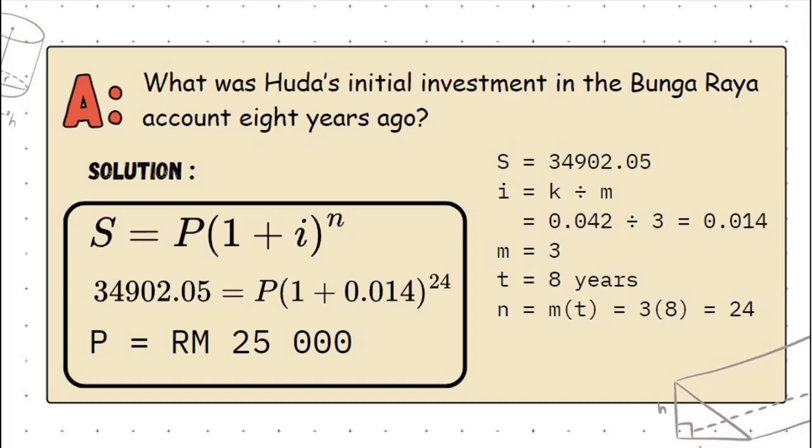So S equals RM34,902.05, and I equals K divided by M. K equals 0.042 and M equals 3, and you will get 0.014 for I. So M, as I mentioned before, equals 3, T equals 8 years, and in order to find N, you have to multiply M with T, where M equals 3 and T equals 8, and the amount will be 24.